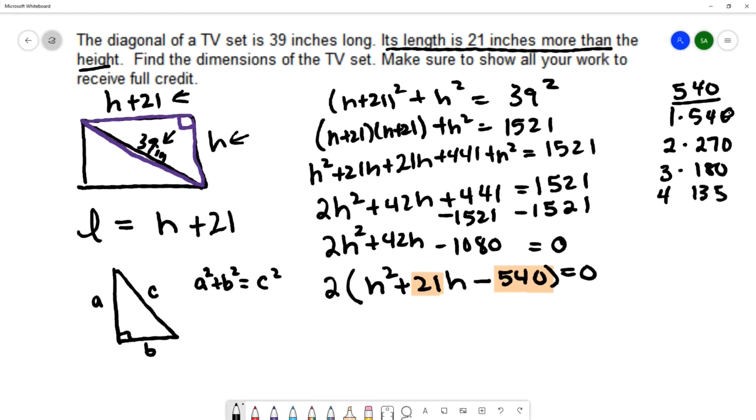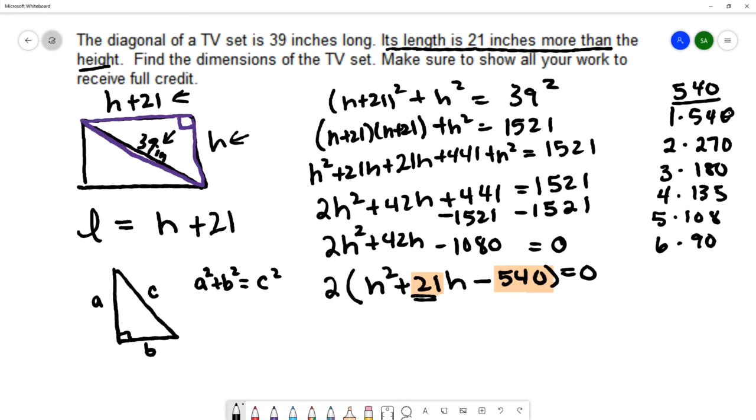Okay, it ends in a 0, so 5 will go in there. 540 divided by 5 would be 108. None of these get me anywhere close to 21 so far, so I've got to keep going. Let's try 6. 540 divided by 6 would be 90.